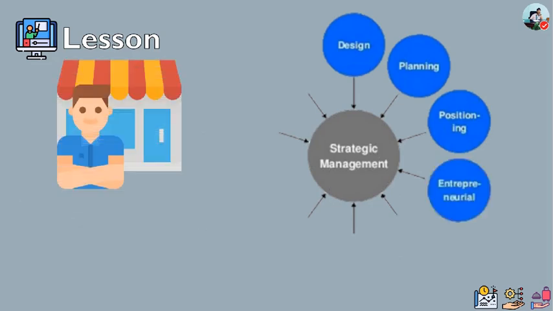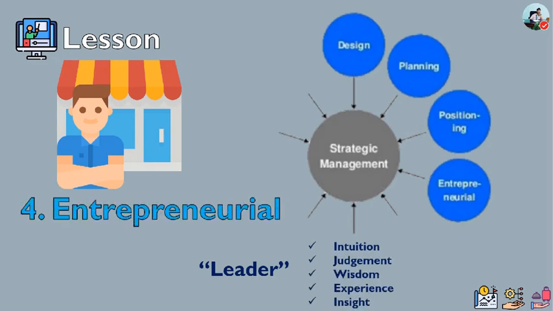So let's proceed to the fourth one, the entrepreneurial. The fourth school is the entrepreneurial school or perspectives, which pertains to the decision making and the process of strategy formation.